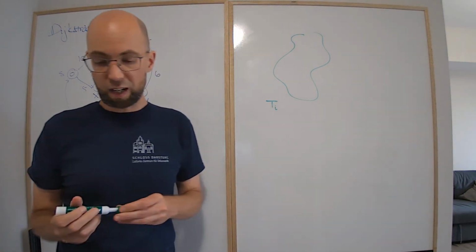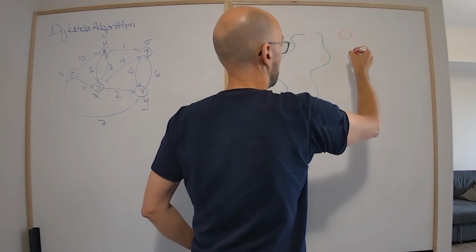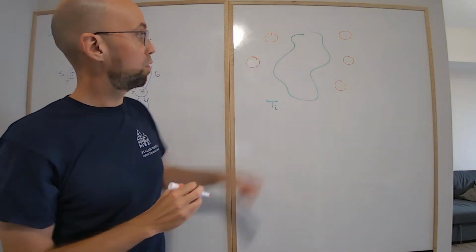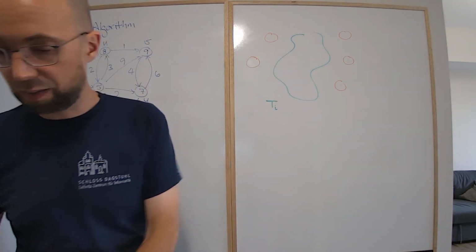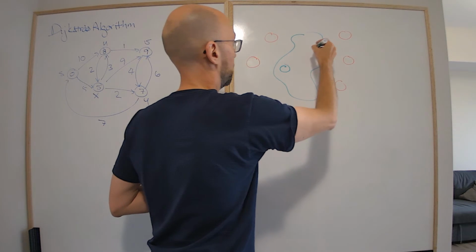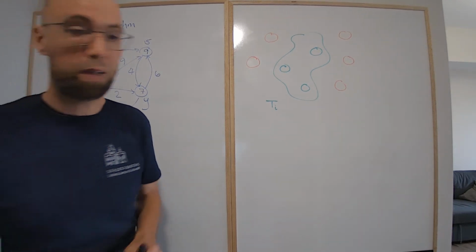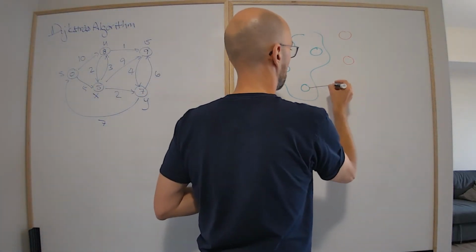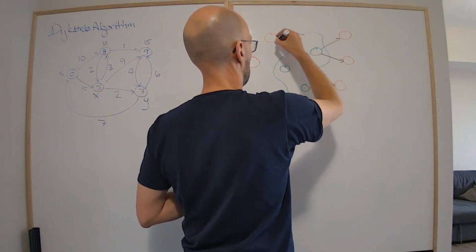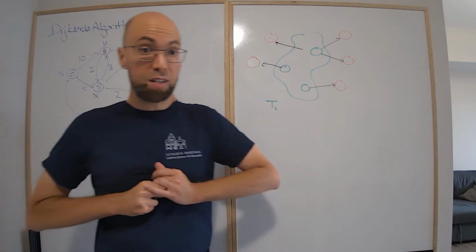At this point we have these vertices that we can reach in one step from vertices in T. So we can reach the red vertices in one step, and we look at all the things that we can reach in one step from T, and we take the smallest one.